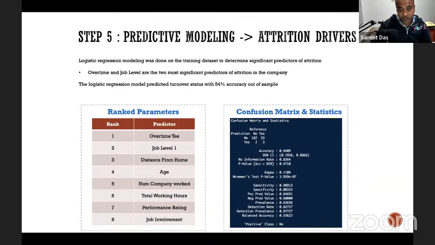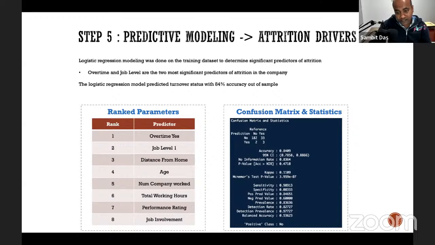Distance from home is also important for predicting attrition, and then there is age, number of companies worked, and other factors. That's powerful, because we now have a definitive list of variables supporting attrition. Remember, our null hypothesis was that there are no predictors of attrition. I think we are now coming close to proving that there are actually significant predictors.